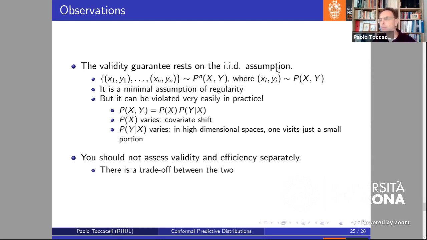But what I wanted to say here before I finish: the IID assumption can be violated very easily in practice in two different ways.